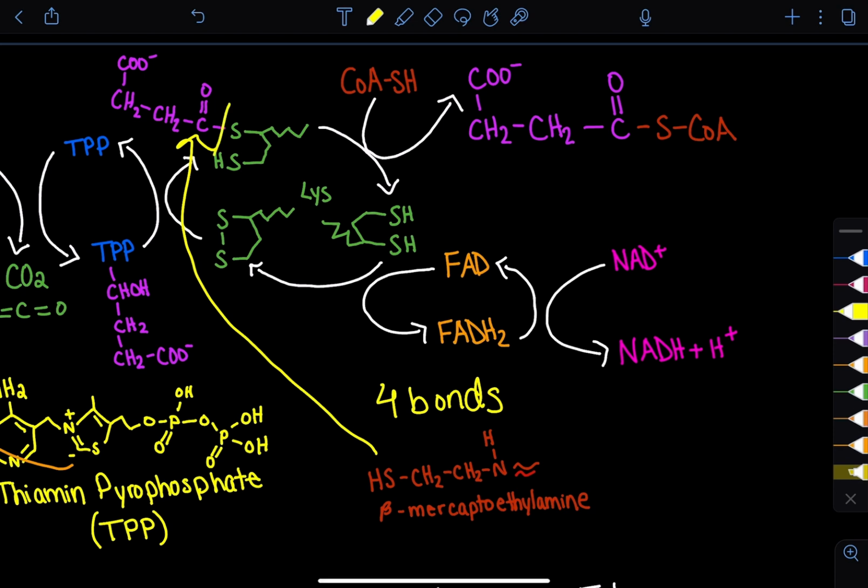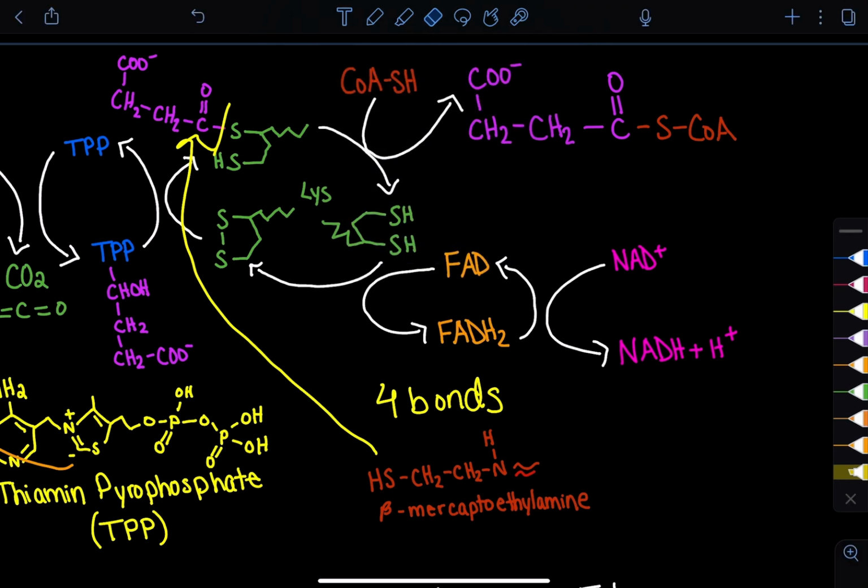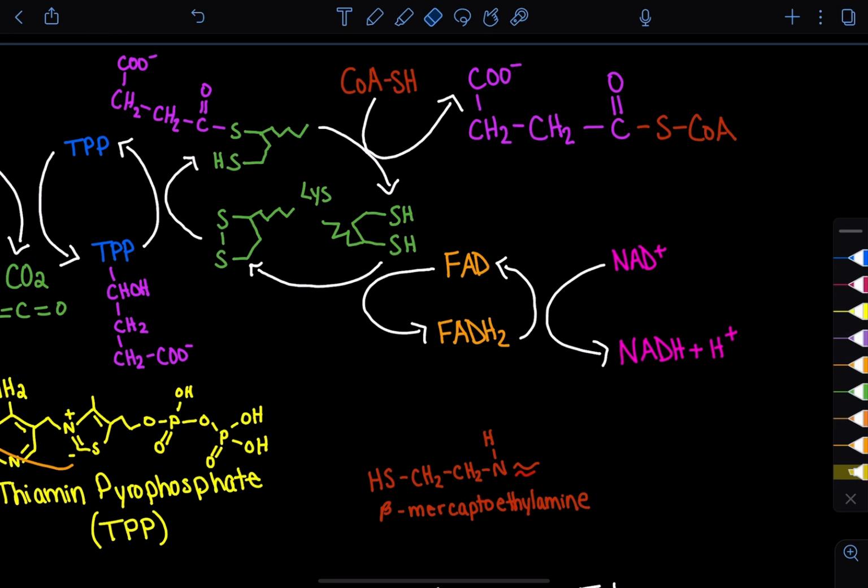When carbon breaks that bond with sulfur on lipolysine, it'll be able to form a bond with this sulfur of coenzyme A. So as a result, we're going to see that coenzyme A has now bound to the decarboxylated alpha-ketoglutarate, and we get the resulting molecule, which is known as Succinyl CoA. Okay, so we got Succinyl CoA.